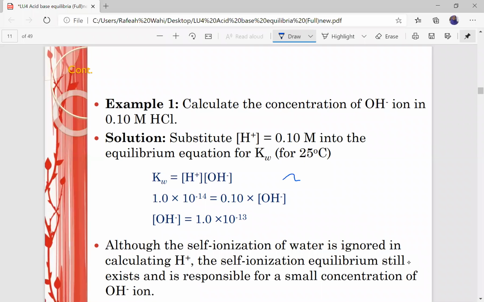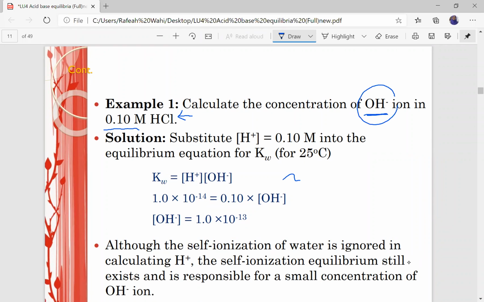Okay, so calculate the concentration of hydroxide ion in 0.1 molar of HCl. How do we calculate hydroxide ion in an acid? Remember just now we mentioned that in all acids they have a conjugate base, and in all bases they have a conjugate acid.